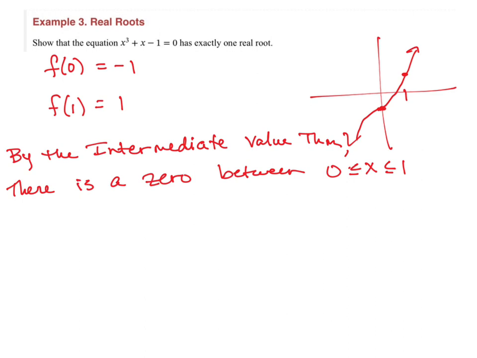I know that was confusing. This is passing through only once. The function itself doesn't have any values where f of A and f of B are the same number. Rolle's theorem requires that. So the fact that this goes up and it's only increasing and it never starts decreasing again means that there's only this one real root. So the contradiction of Rolle's theorem is why we know that it has exactly one real root.